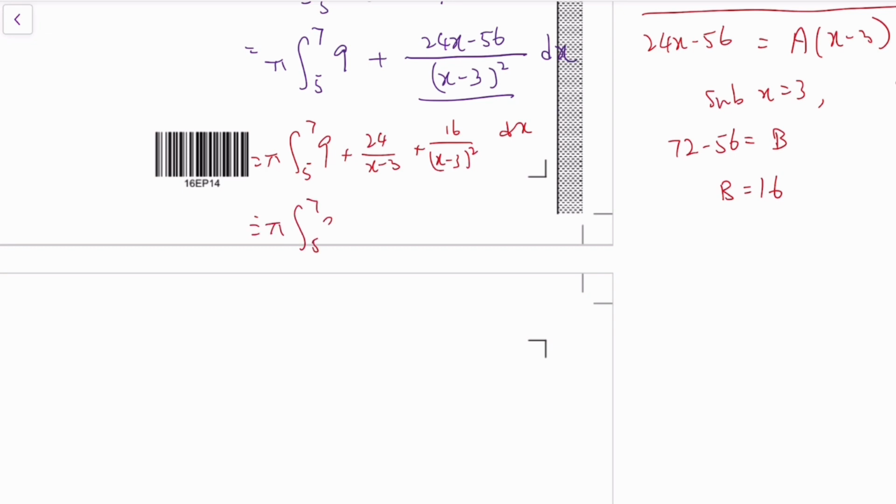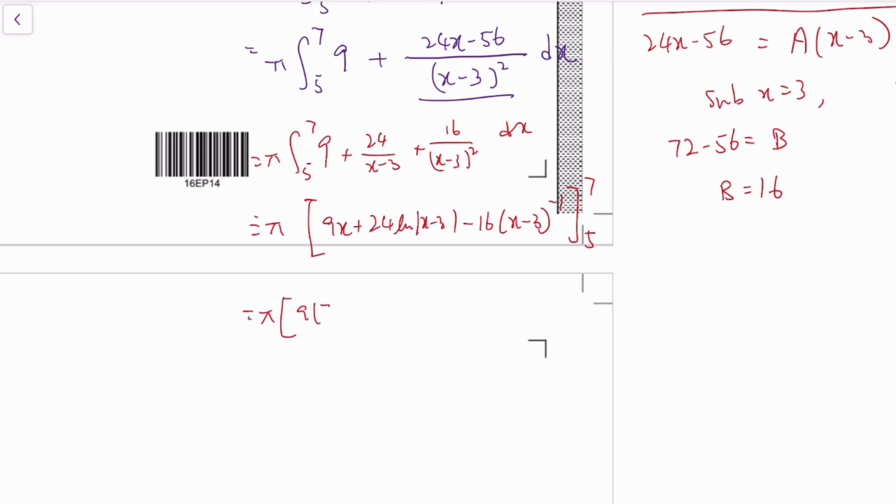Integrate 9x, integrate this, 24 ln|x minus 3|, plus we integrate this as (x minus 3) to the power of minus 1, so it's negative 16 over (x minus 3), from 5 to 7.